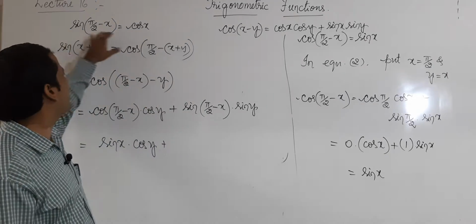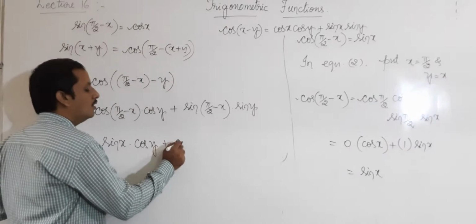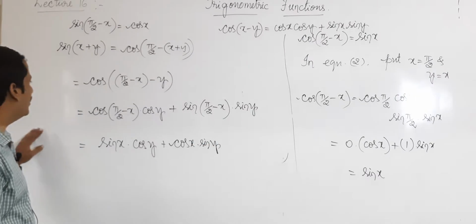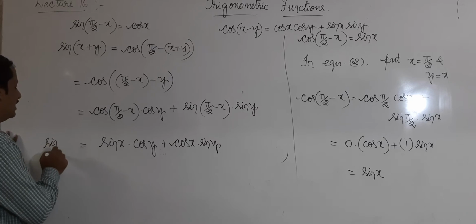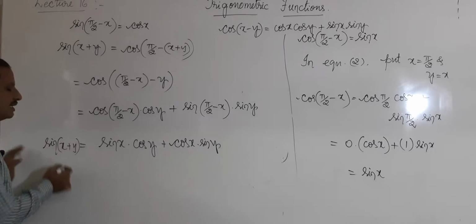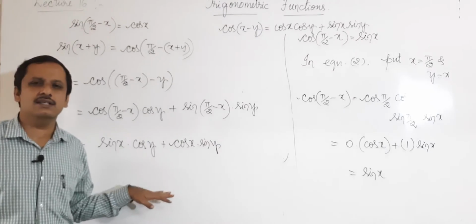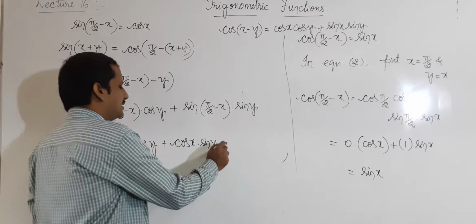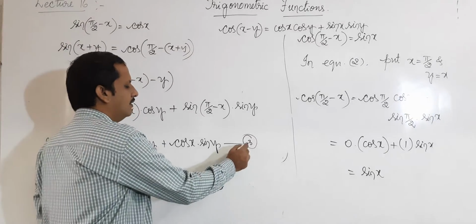So sin pi by 2 minus x can be written as cos x into sin y. Okay. So we have sin x plus y is equal to sin x cos y plus cos x sin y. Let me call this equation 3.